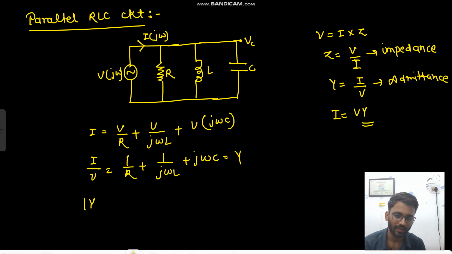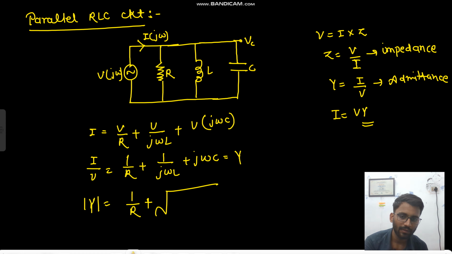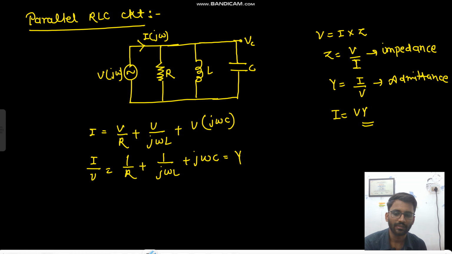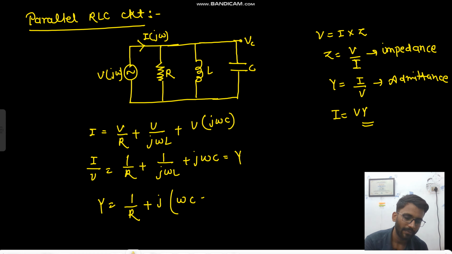So what is the magnitude of admittance? Before writing the magnitude we should write the complex form. It will be equal to 1 by R plus j omega C minus 1 by omega L, right?